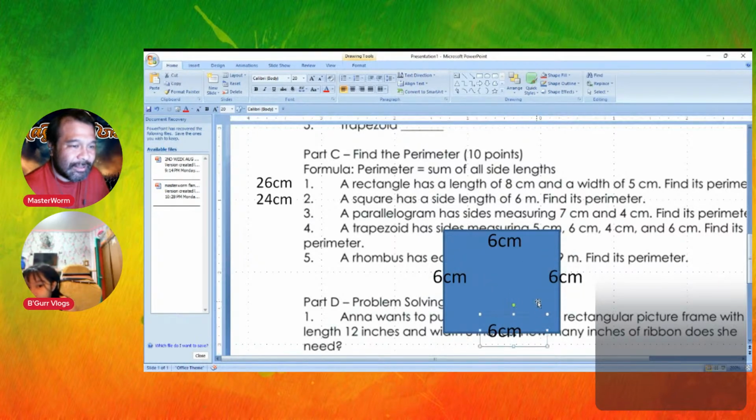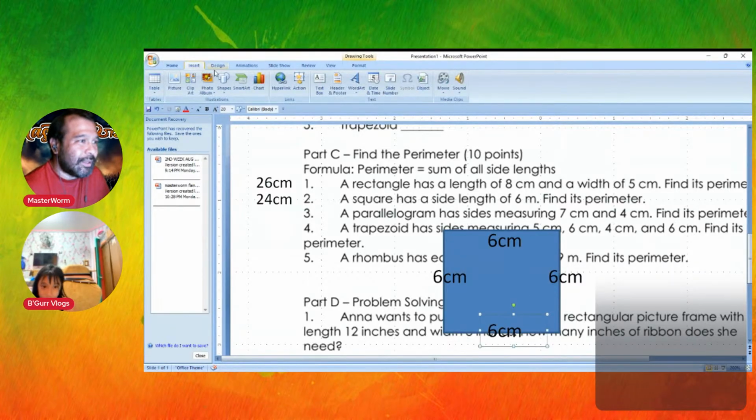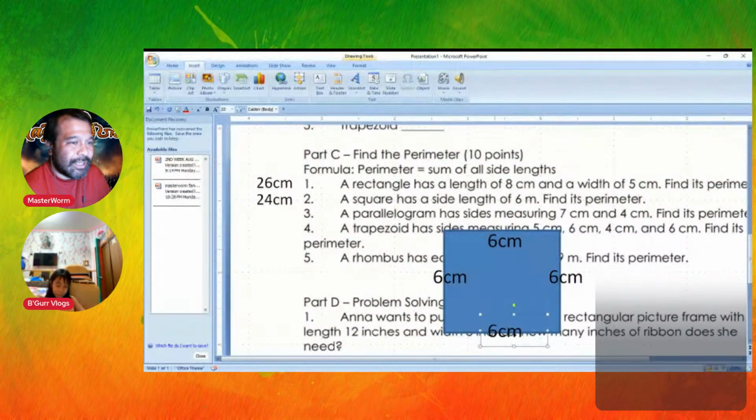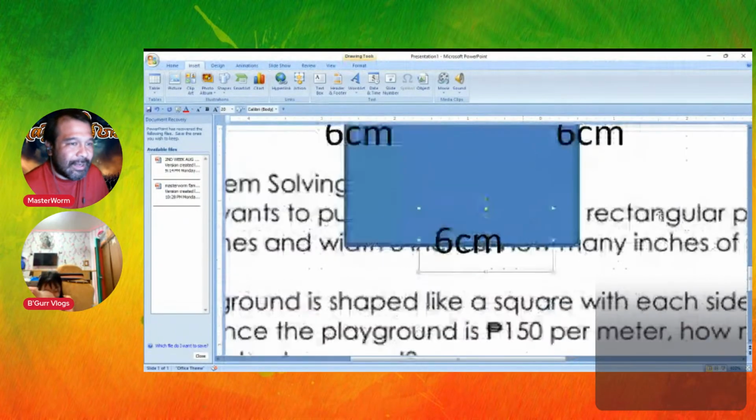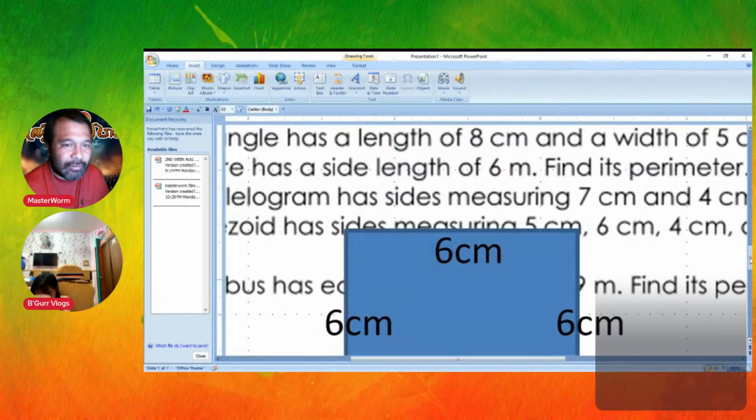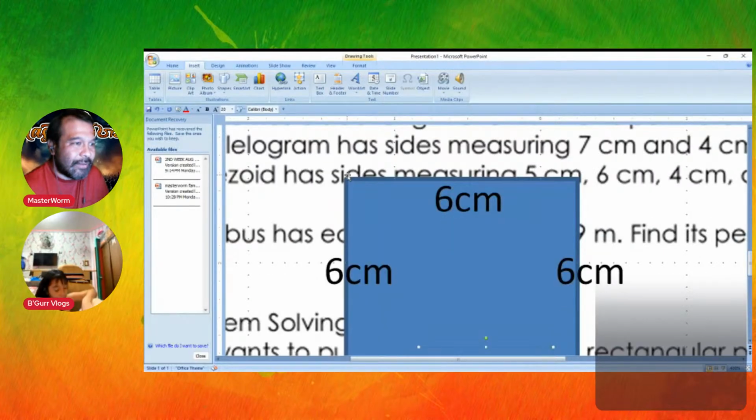Did you get it? Yes, Daddy. Do you know what we mean here when we say sides? When you measure from left to right, you see the cursor? You see the cross moving here on the left side of the square? Yes.